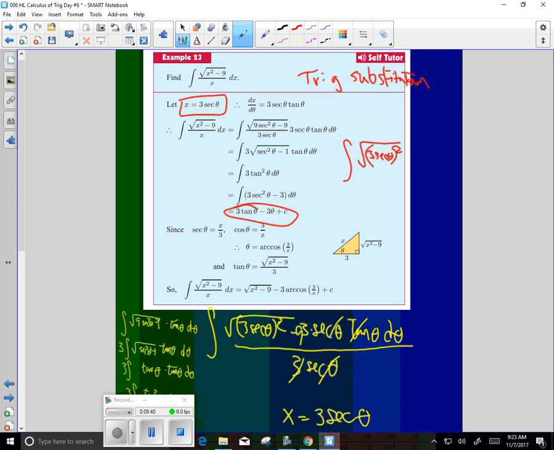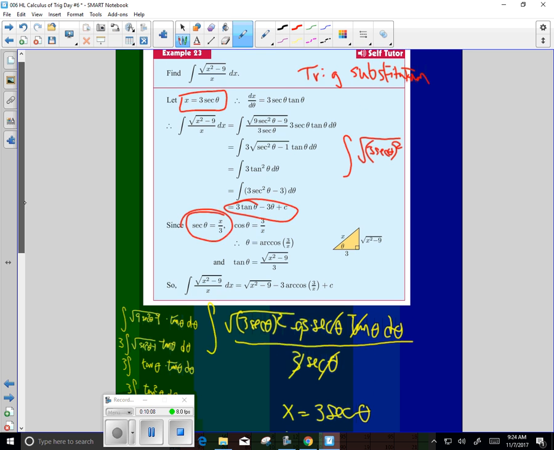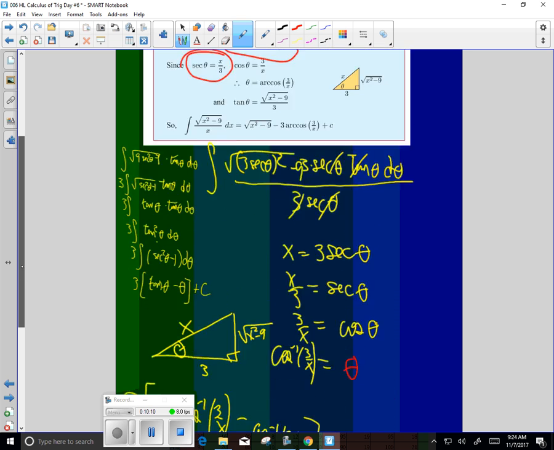And then once we did all the algebra and trigonometric substitutions, we get down to 3 tangent. Then take your x equals 3 secant, solve for theta, plug that in, and you get that triangle, and then that gives you the square root of x squared minus 9 minus 3 arc cosine of 3 over x. Did I get a minus sign at the end? Yes, got it right.